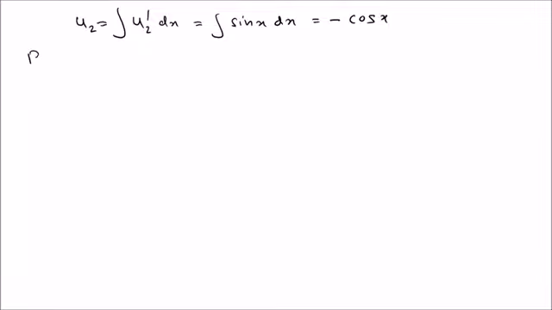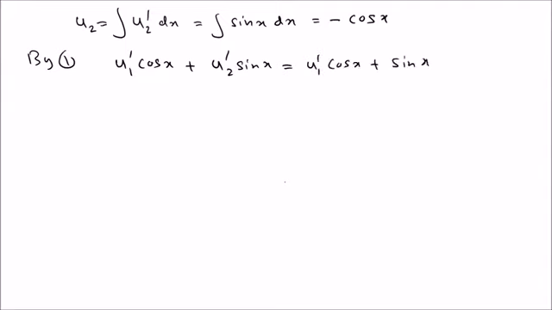Now by 1, you have u1 prime cosine x plus u2 prime sine x. If you plug in, you're going to get u1 prime cosine x plus sine x, the derivative of negative cosine, times sine x, equals 0.